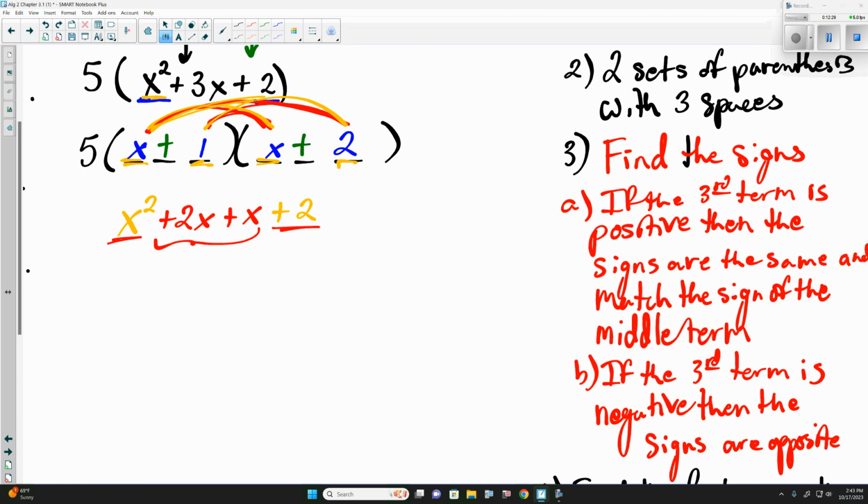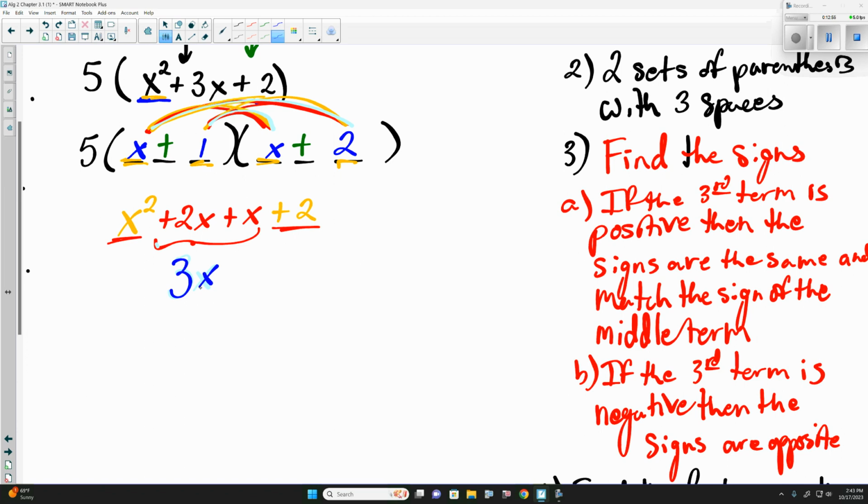Apparently it's not going to pick that color, the x times 2 and our 1 times x, which in this case gave us 2x and x, and 2x plus x is 3x. That is an awful color to see on this board. But it is positive 3x. Is that the middle term we wanted?